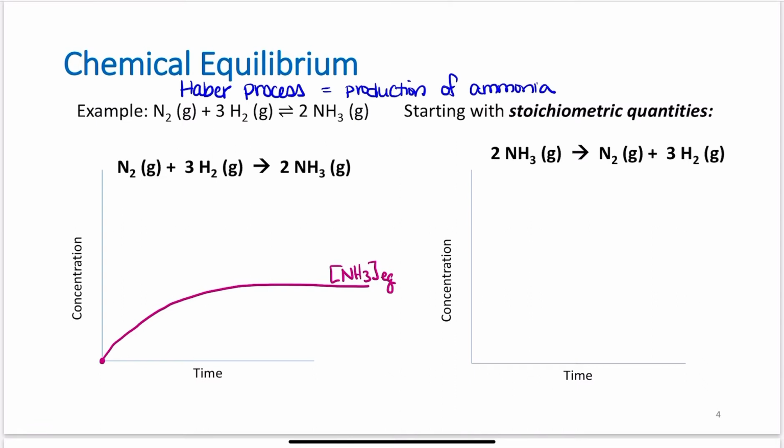I will start with some N2 present. It will react and it will help form some NH3. But at the end of it, there will still be N2 left because it's forming an equilibrium. How much is left? It depends on the equilibrium.